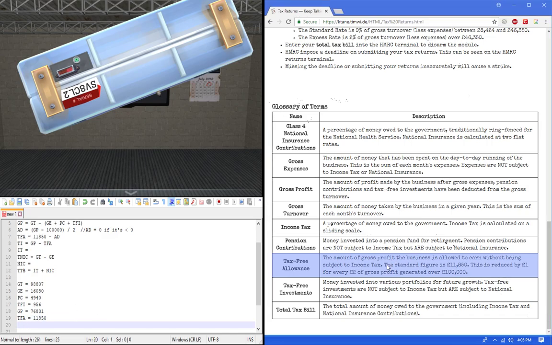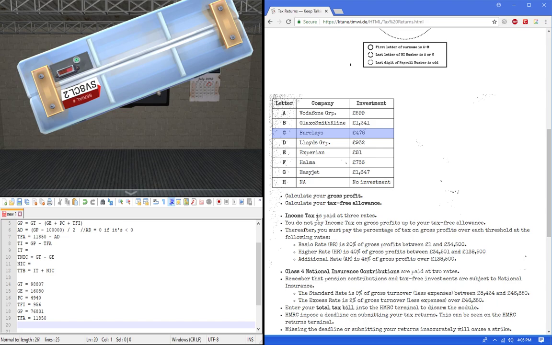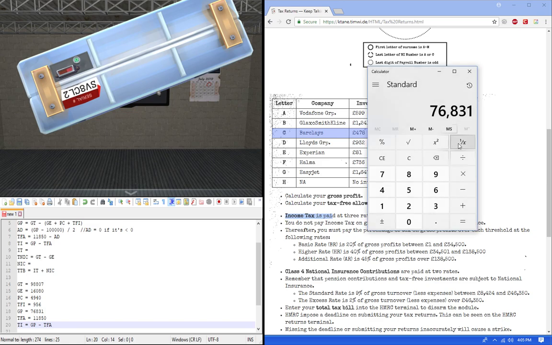So next up, we're going to have our income tax. What I like to do first is calculate our taxable income. Our taxable income is equal to the gross profit that we have minus our tax-free allowance. So let's bring up our calculator again.